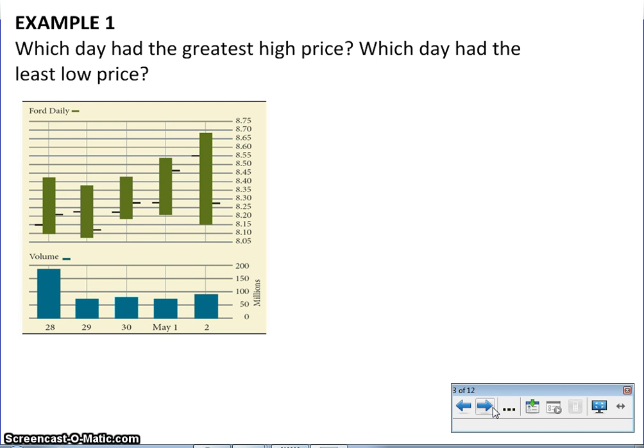Okay, first example, which day had the greatest high price and which one had the low price? So prices are all up here in this top one. Volume is represented below. And I want to go through here real quick, just so we know. Here is the daily high.